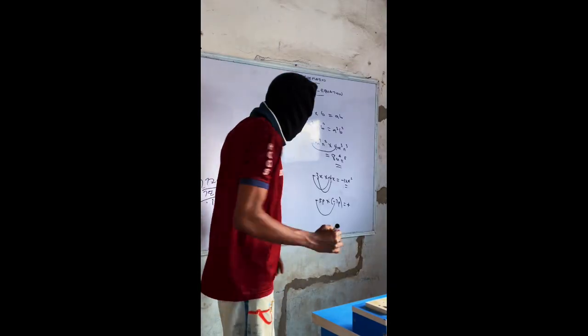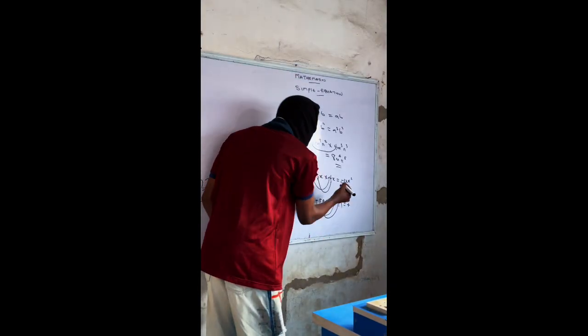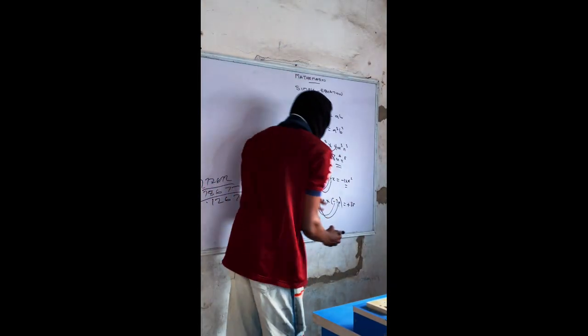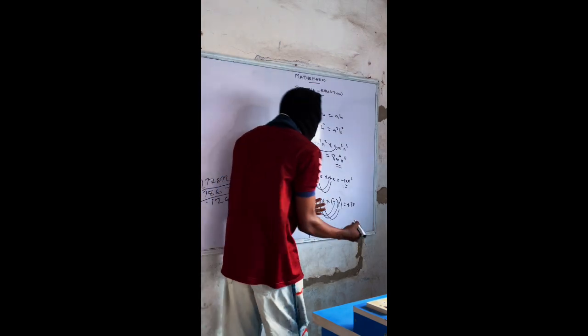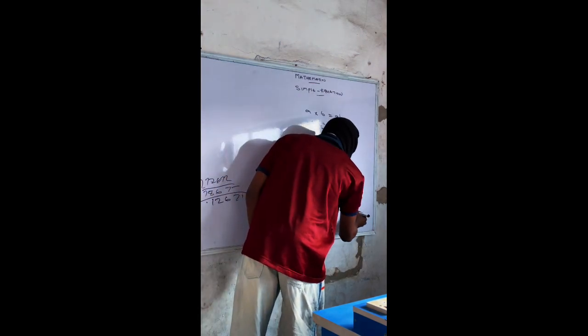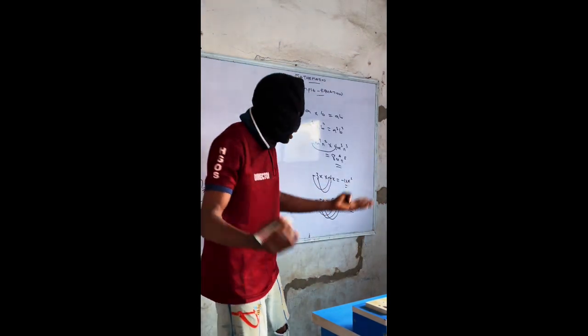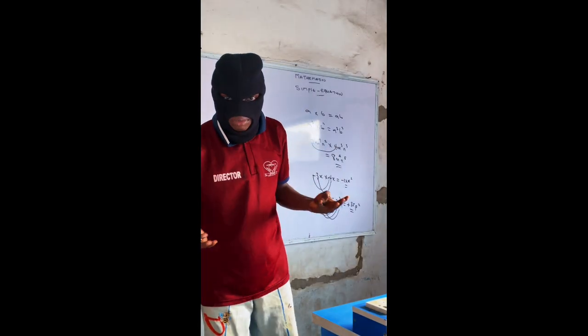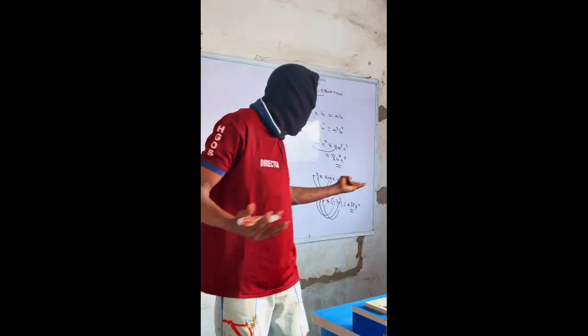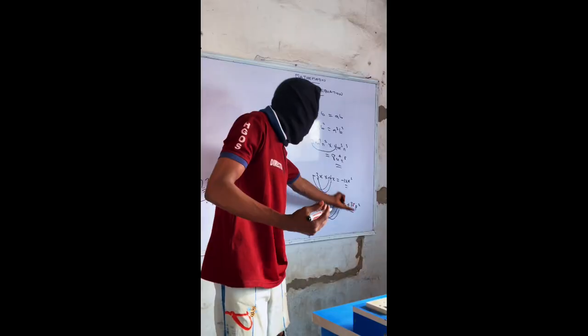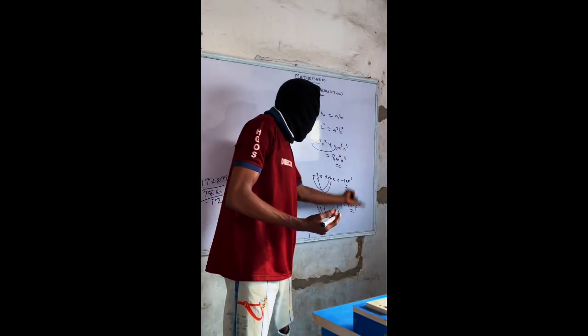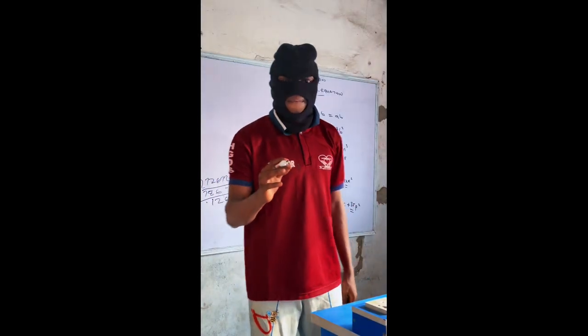Very simple. Now 5 times 7 will give you 35, while p times p will give you p squared. You can make your plus invisible, it is still the same thing, which is 35p squared.